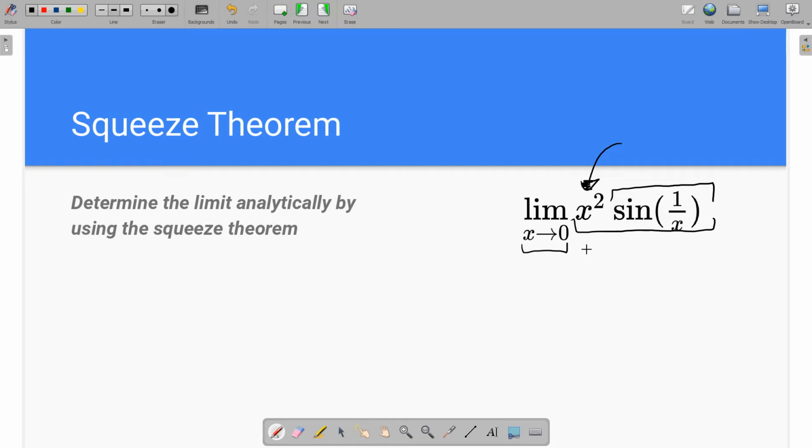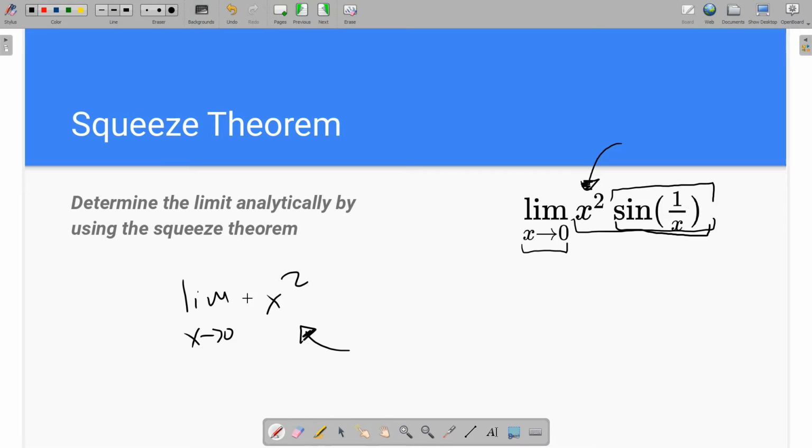The leap that we have to make is to say, I know that a sine graph's amplitude is dictated by whatever the coefficient is. In this case, my coefficient is x squared. So really I have to ask myself, what's the limit as x tends towards zero of x squared? Because this right here is going to get squeezed by this whole x squared thing.